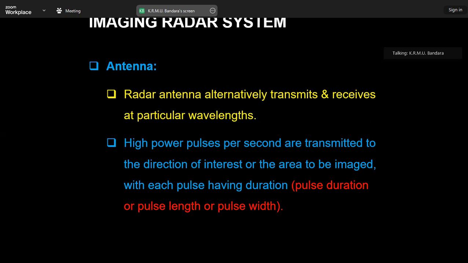Therefore, S is equal to Vt, or D; different notations are used. Another name is pulse width. Width is the length, the same.